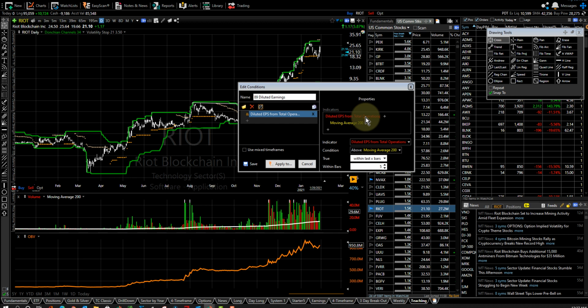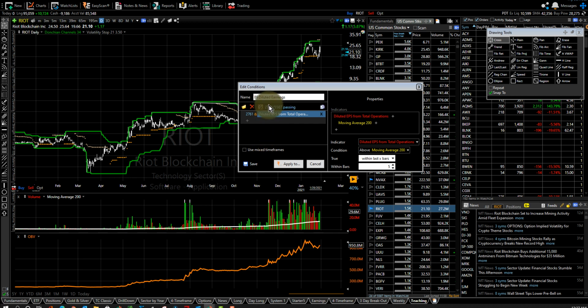And as long as that number is above the 200 mark, it's going to return stocks that fit that criteria. So as of right now, 2,761 stocks fit the criteria, or their diluted earnings per share is above a 200-day moving average.